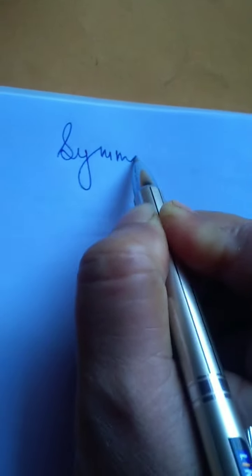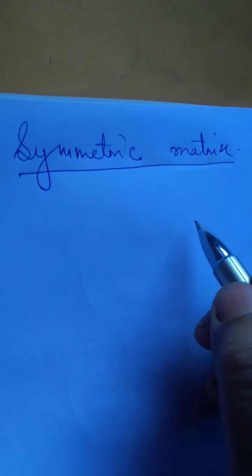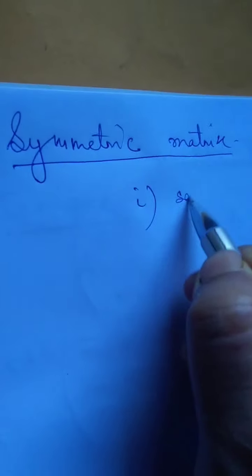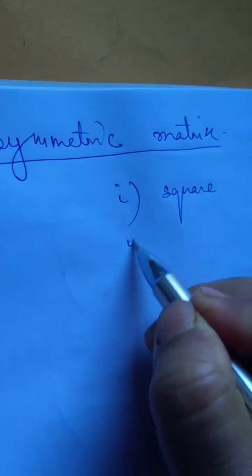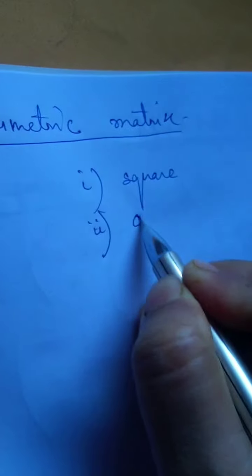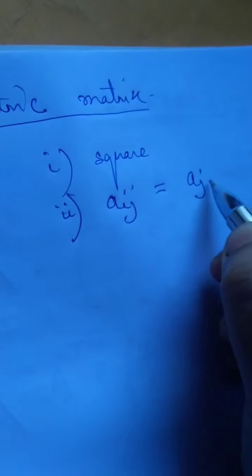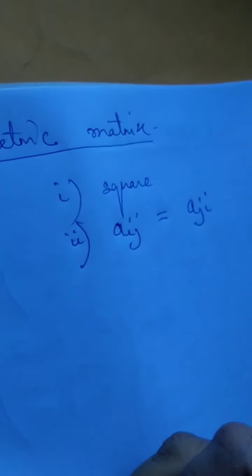Now let me define to you a new matrix, which is a symmetric matrix. This is a new definition for you all. Symmetric matrix. Now what is a symmetric matrix? A symmetric matrix is also a square matrix where the element of the ith row jth column is equal to the element of the jth row ith column.